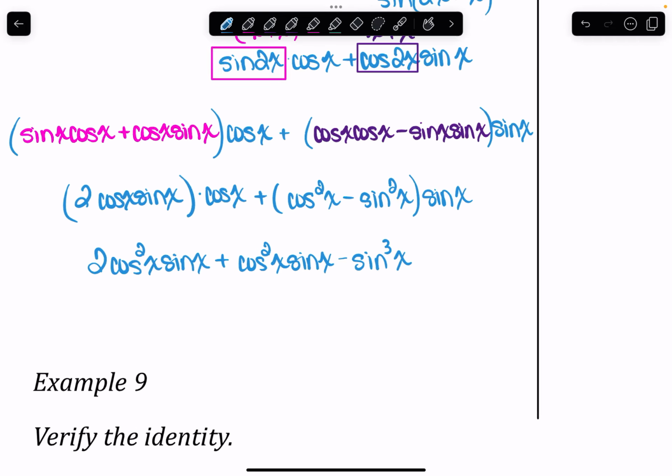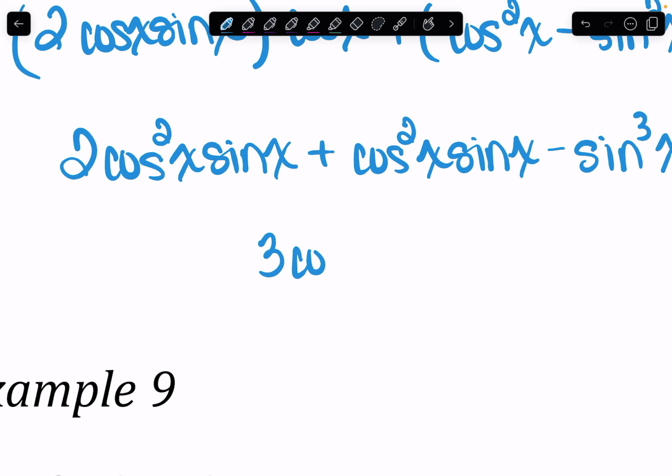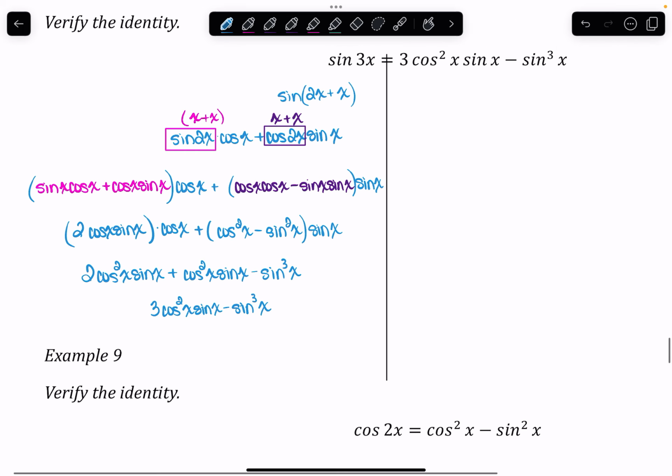Then if we look, those first two are actually like terms. I have 2 somethings plus 1 something. That's 3 somethings. So I have 3 cosine squared x sine x minus sine cubed of x. That's it.